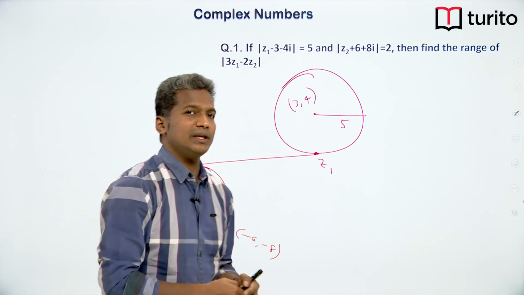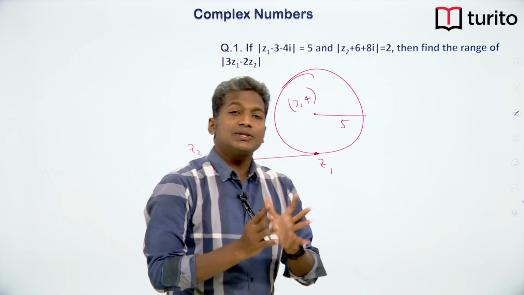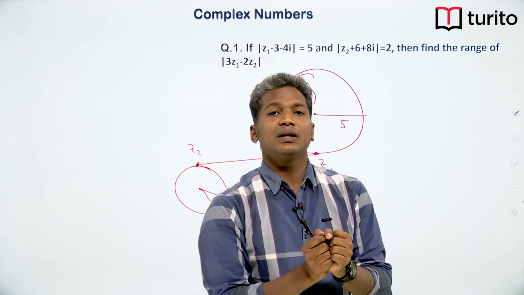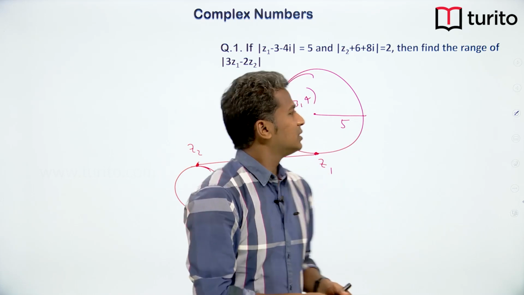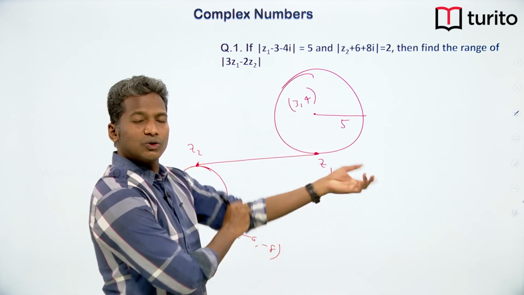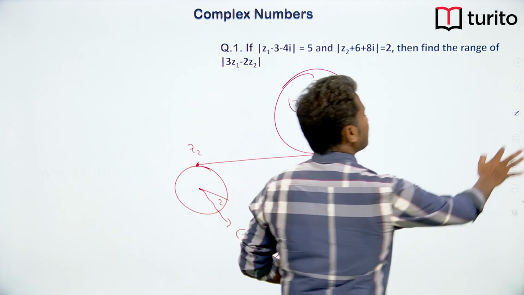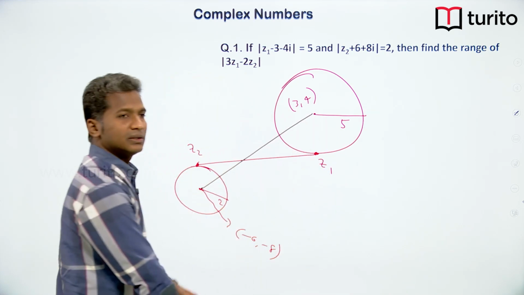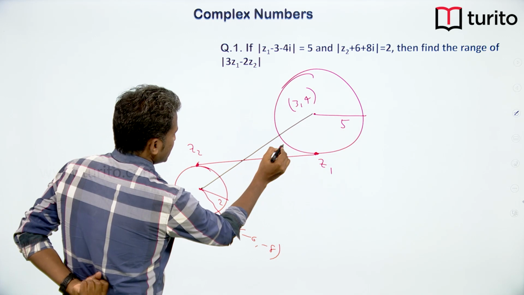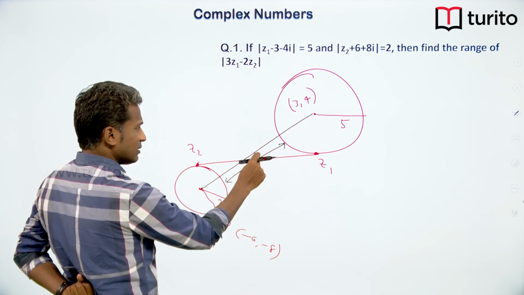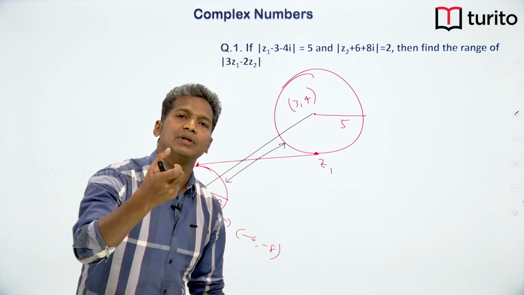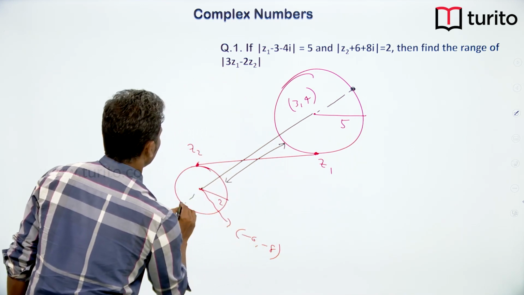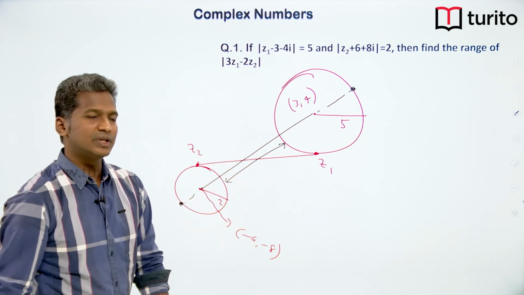If you look closely, because these are circles, there is symmetry, and the line joining the centers will create symmetry whenever two circles are involved. So here we have to join the centers and observe. Suppose I join the centers, this distance which I am marking here will be the minimum of mod of z1 minus z2, and from here to here will be the maximum of mod of z1 minus z2.